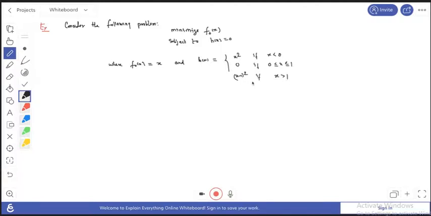Okay, so if this type of problem is defined, what is the feasible set?